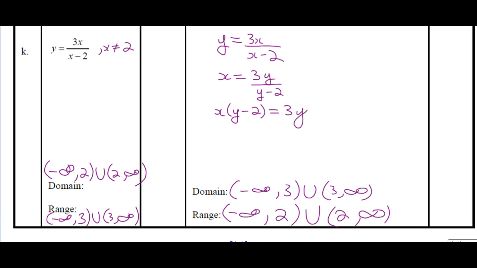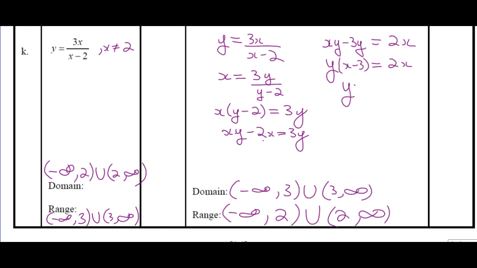We're going to expand this to get xy minus 2x is equal to 3y. We're going to get all of our y's on one side, so I'm going to write xy minus 3y is equal to positive 2x. So I'm moving y's over to the left and x's over to the right. I'm going to factor out the y, and then I'm going to divide.